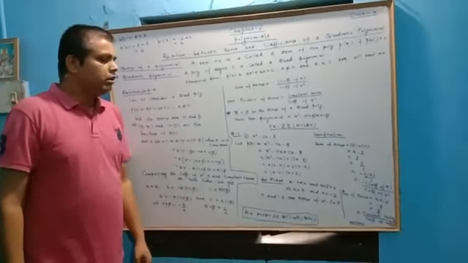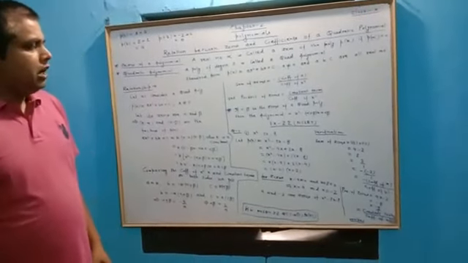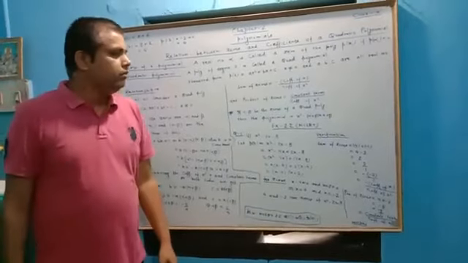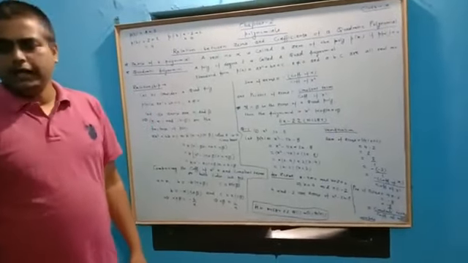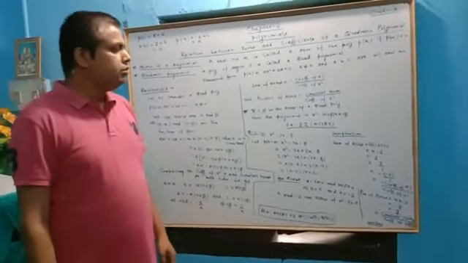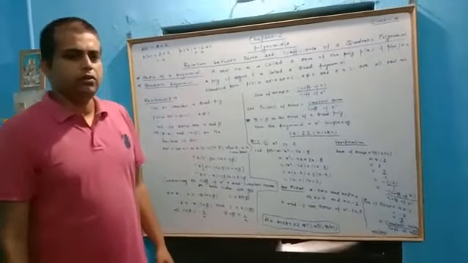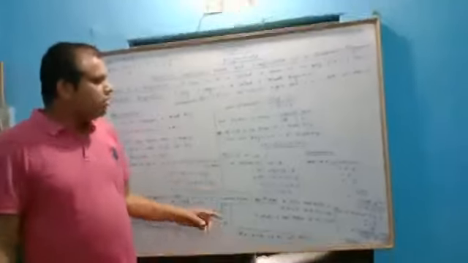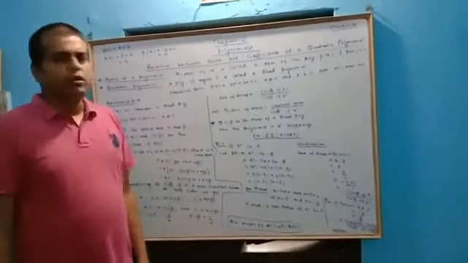Now next thing, if we are given alpha and beta, that means two zeros of a quadratic polynomial, then how can we form the quadratic polynomial?